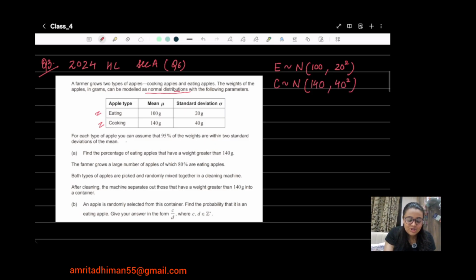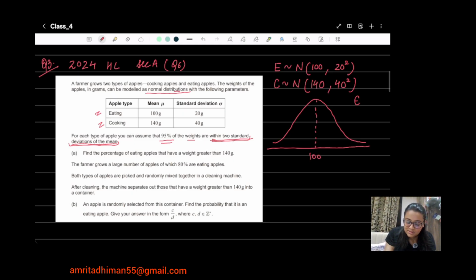Now for each type of apple, 95% of the weights are within 2 standard deviations of the mean. What does it mean? That means they are talking about both of the apples. We know this is the graph of a normal distribution. If I'm talking about the eating apple, it has mu as 100.